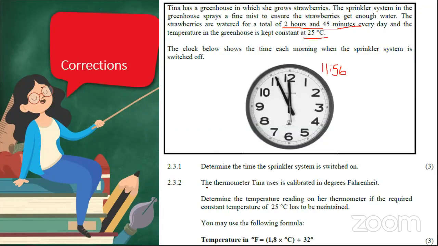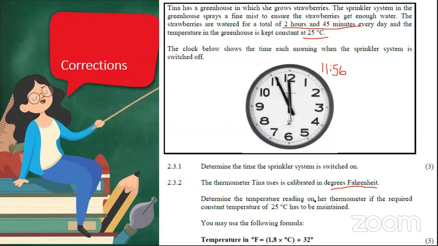Now for number 2, it says the thermometer Tina uses is calibrated in degrees Fahrenheit. Obviously, when they say degrees Fahrenheit, we're converting from degrees Celsius to degrees Fahrenheit.